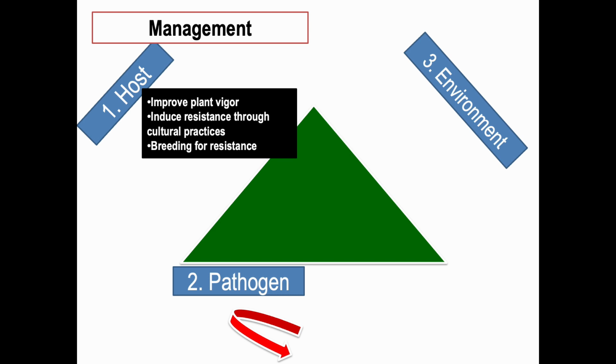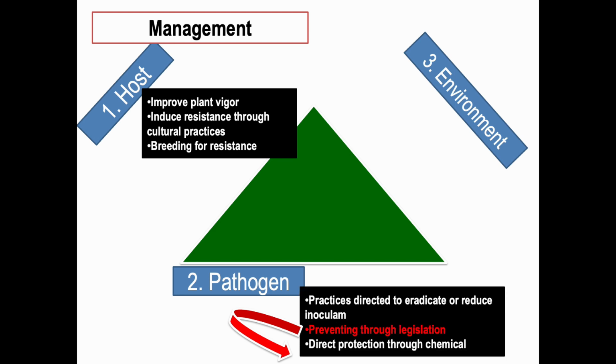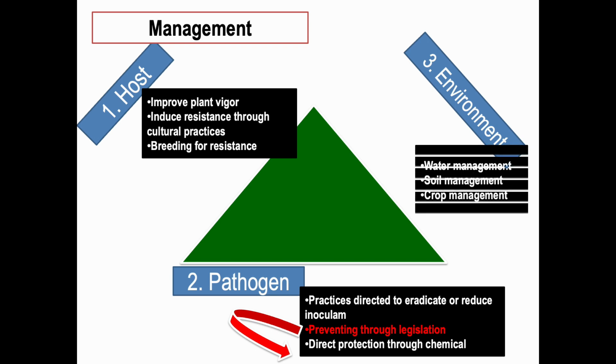But the practices that are against the pathogen include practices directed to eradicate or reduce the inoculum, then preventing through legislation, followed by direct protection through application of chemical pesticides. And in case of environment, we can manage a particular disease through proper management of the water, soil as well as crop health.